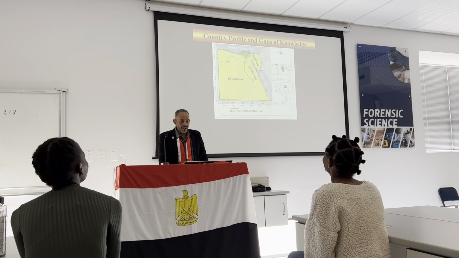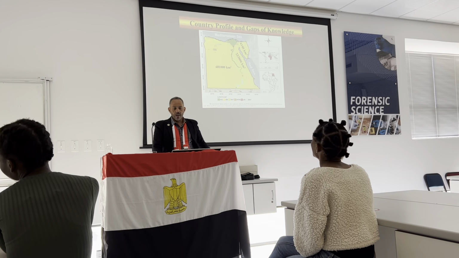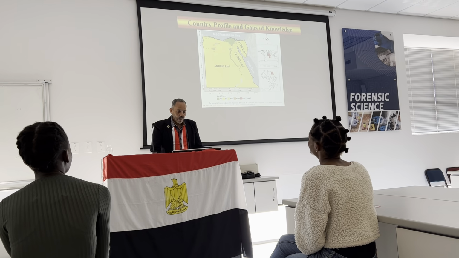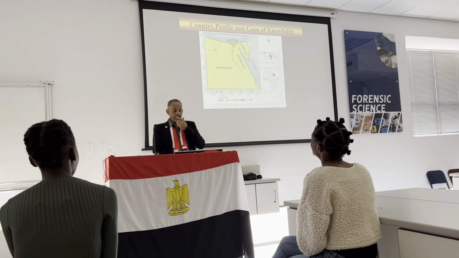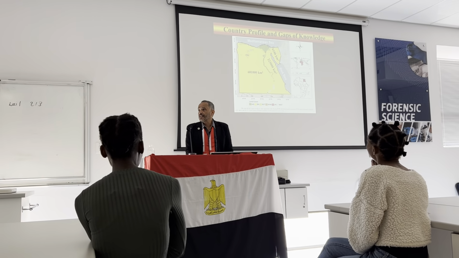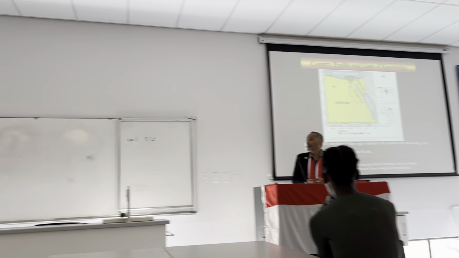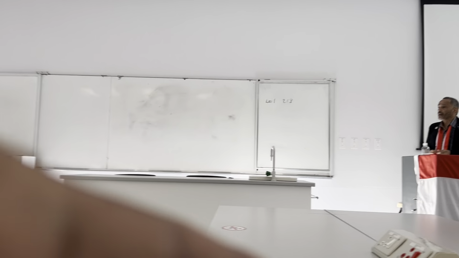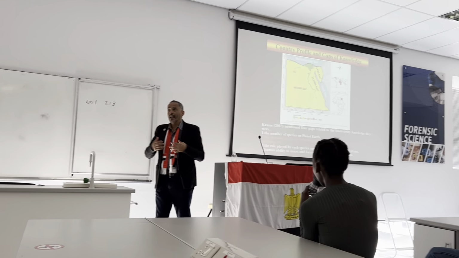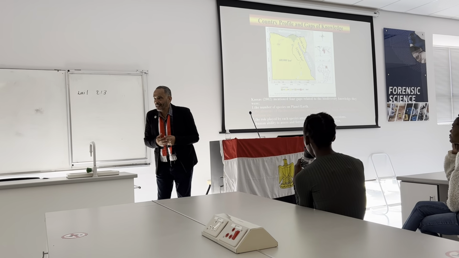So Egypt is about 1 million square kilometers. It's surrounded by two seas, the Mediterranean Sea and the Red Sea. And the majority of Egypt is agricultural soil surrounding the Nile River. After that, we faced a big problem with gaps in knowledge, because the majority of Egyptian scientists treated fungi as a part of the plant kingdom.